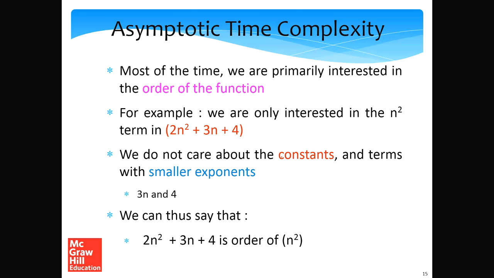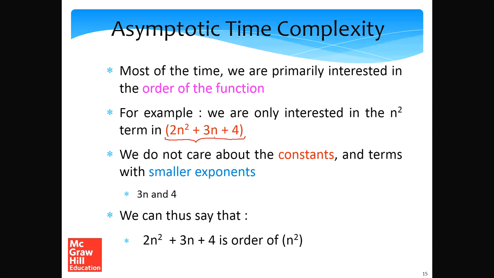So let me now define the notion of asymptotic time complexity, which is very, very important in computer science. Most of the time we are primarily interested in something called the order of the function. For example, let's consider this expression 2n square plus 3n plus 4.